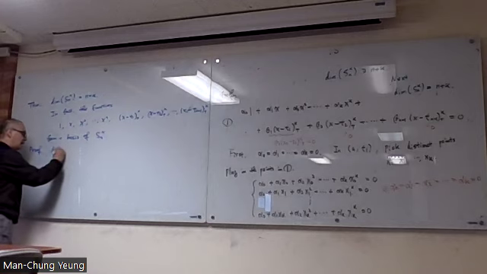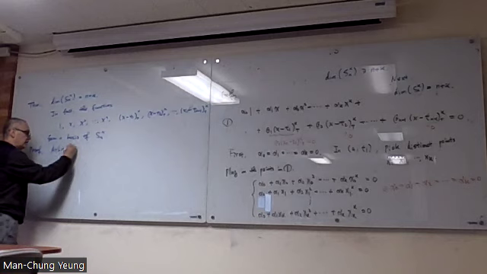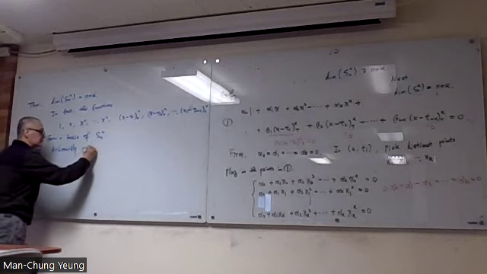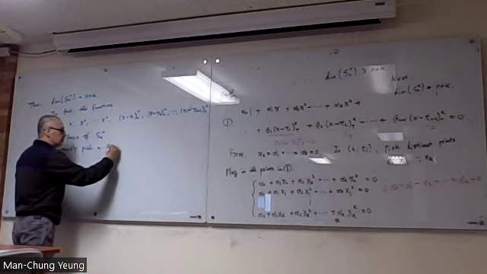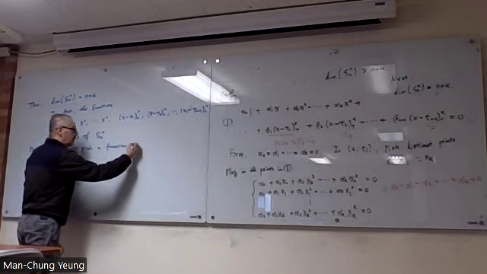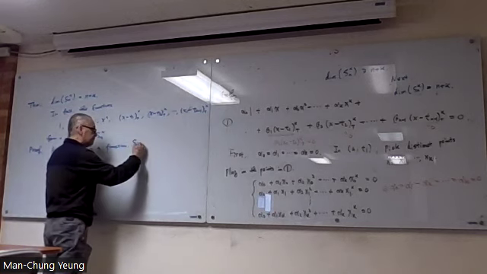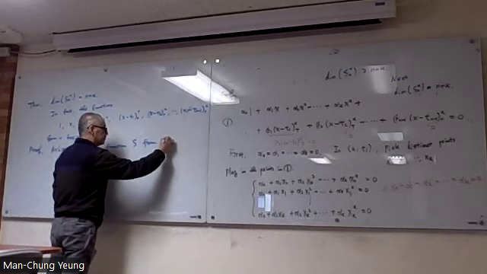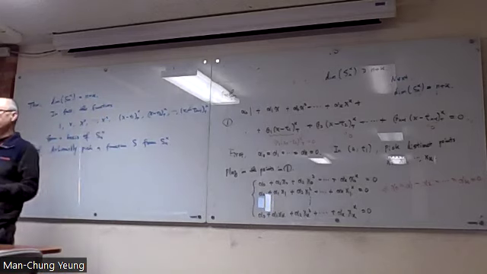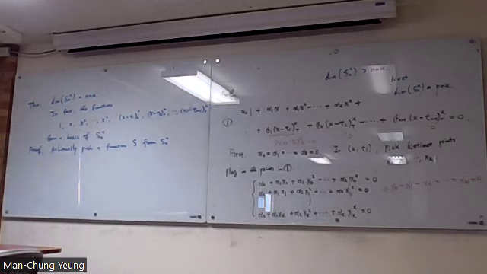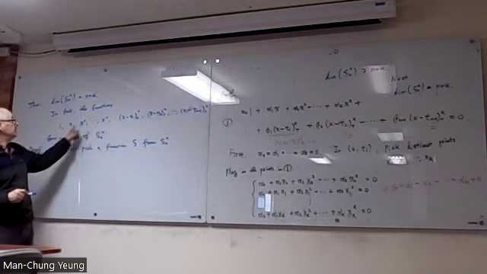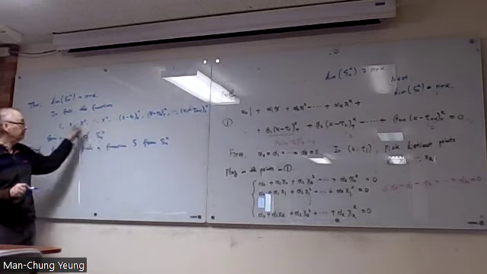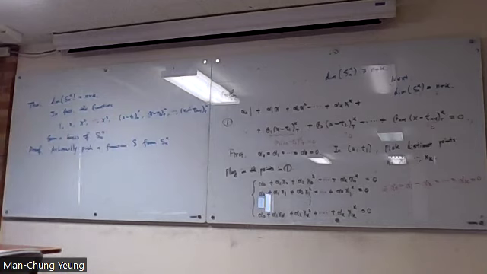Pick an arbitrary function, give it a name, say S, from the space. I want to show S is a linear combination of these functions.